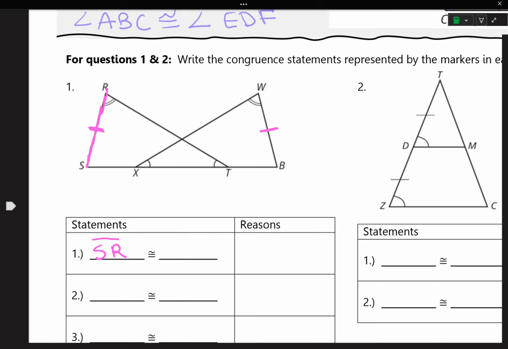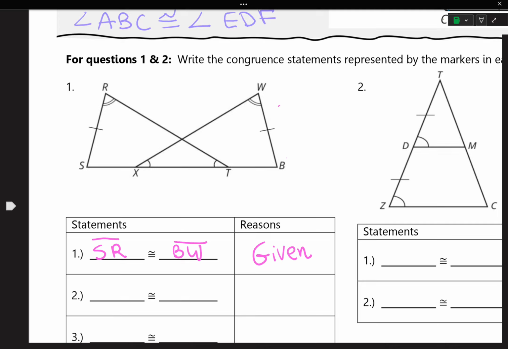R has 2 arches. So when I name the right-hand side, I'm going to call it BW because it goes from no arches to 2 arches, just like S to R. Okay. The reason that I can say that they're congruent is that it's given. The mark exists on our triangle.